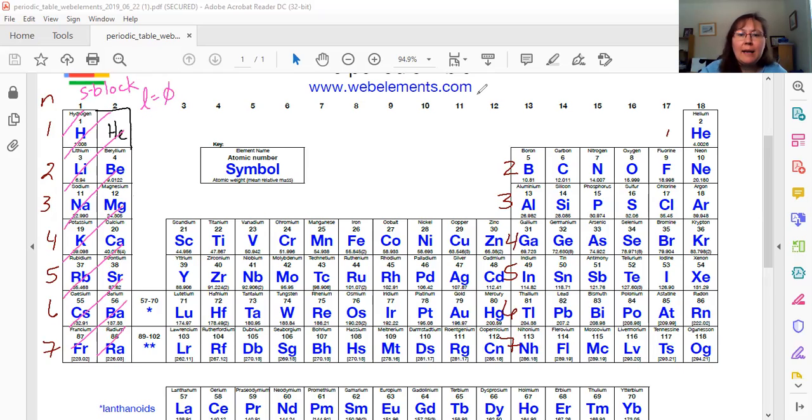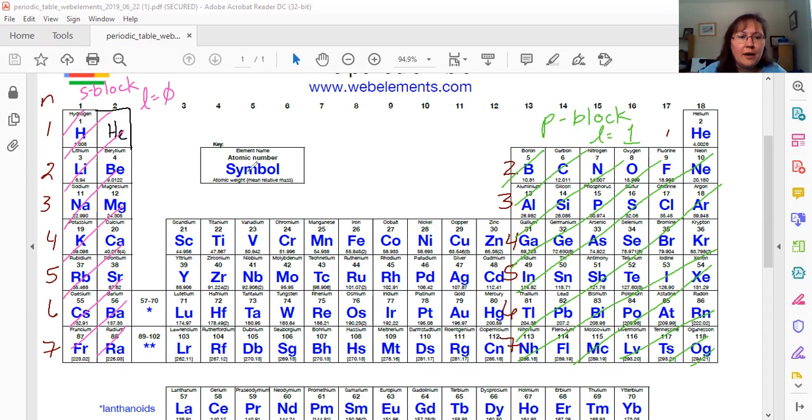Then over here, not helium because we moved helium, this block in green is known as our P block, and it goes with L values equal to 1.